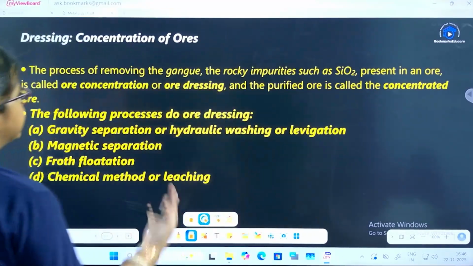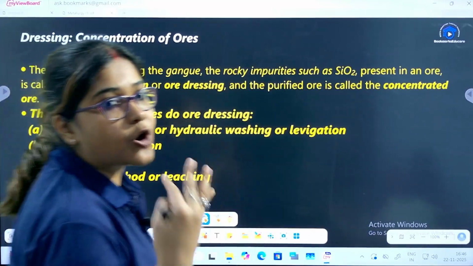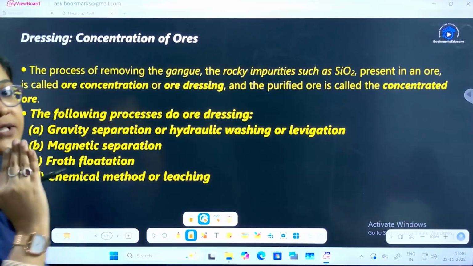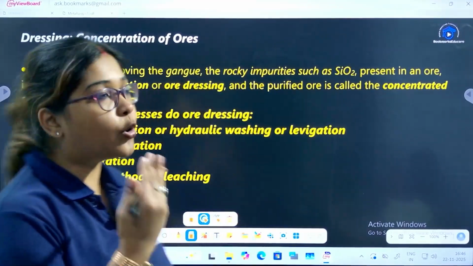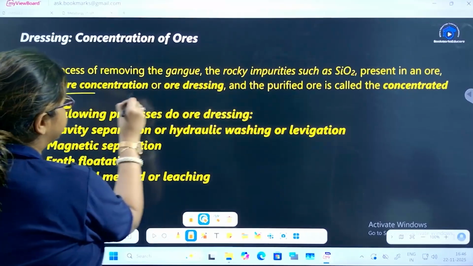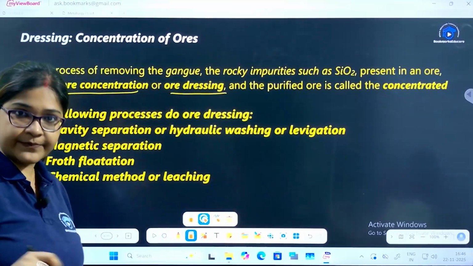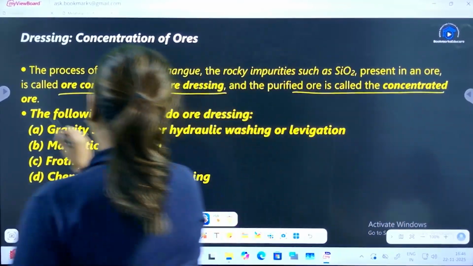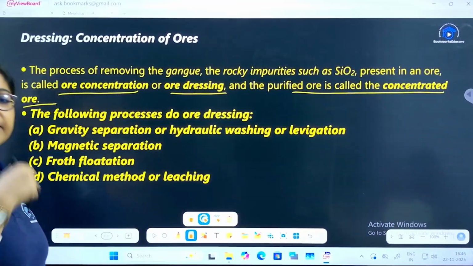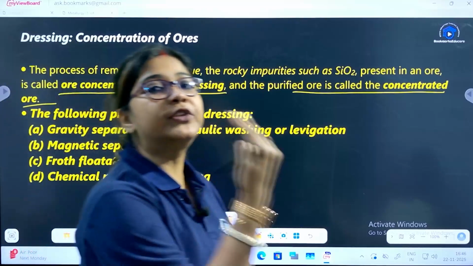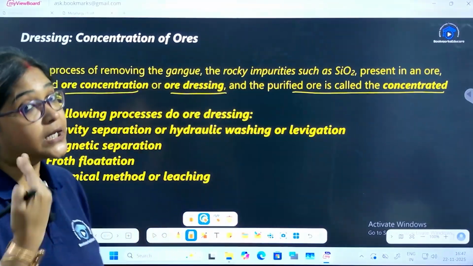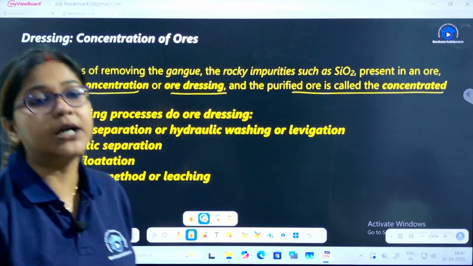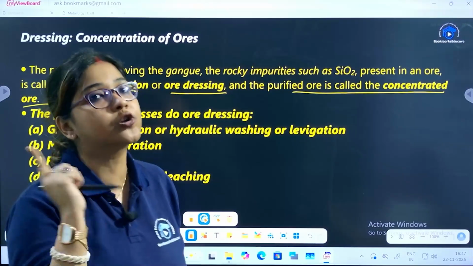This process of removing the gangue or rocky materials like silica from an ore is known as ore concentration or ore dressing. The purified ore is known as concentrated ore. So when you remove the rocky or earthly impurities like gangue, you get the concentrated or pure ore.